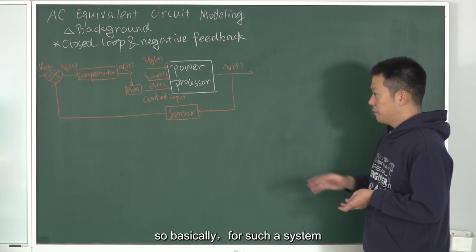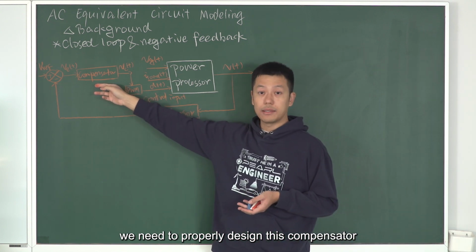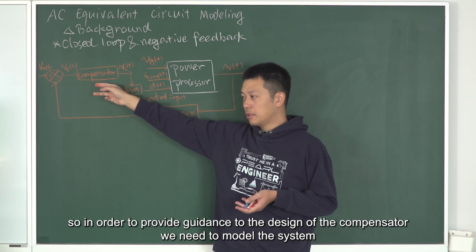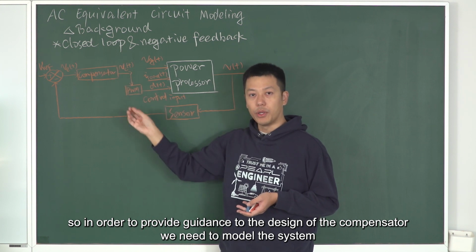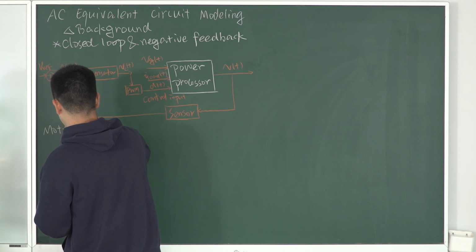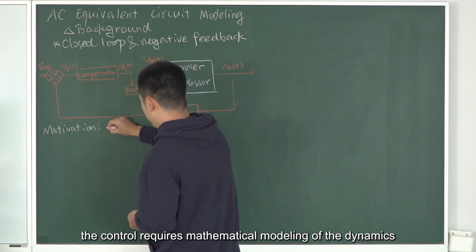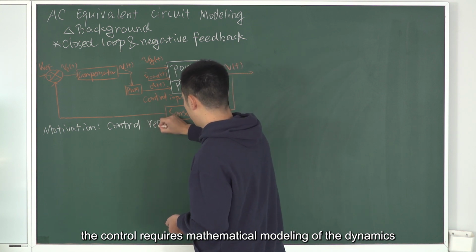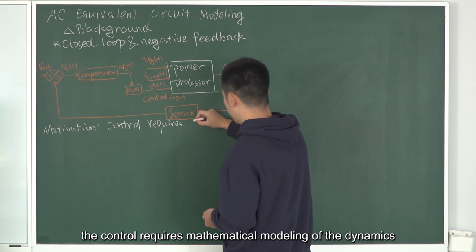So basically, for such a system, we need to properly design this compensator to ensure the system dynamic response is feasible. In order to provide guidance to the design of the compensator, we need to model the system. So here's the motivation. The control requires mathematical modeling of the dynamics.